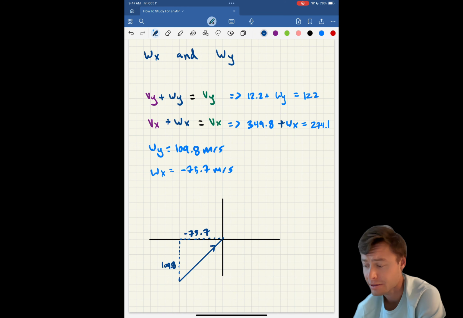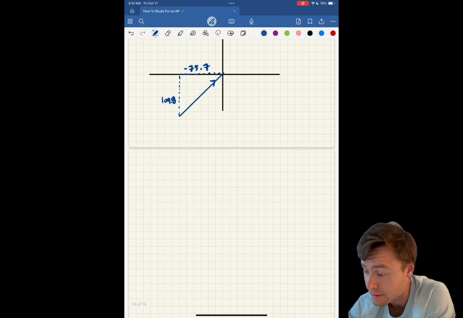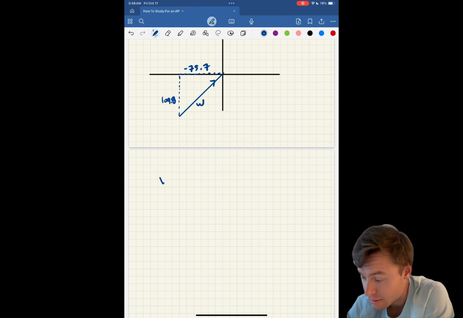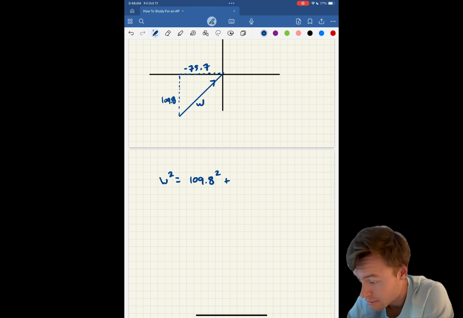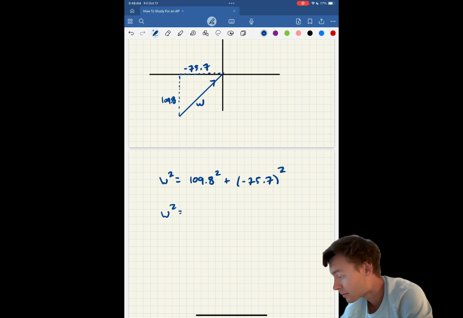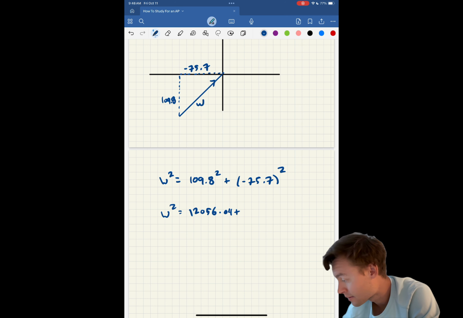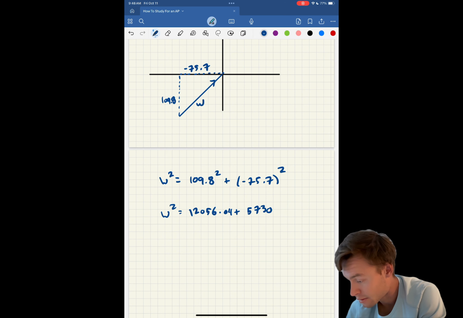How do we figure out the magnitude of that vector? Well, it's very simple. You just use Pythagorean's theorem, right? So W squared is equal to 109.8 squared plus negative 75.7 squared. So W squared is equal to 12056.04 plus 5730.49.